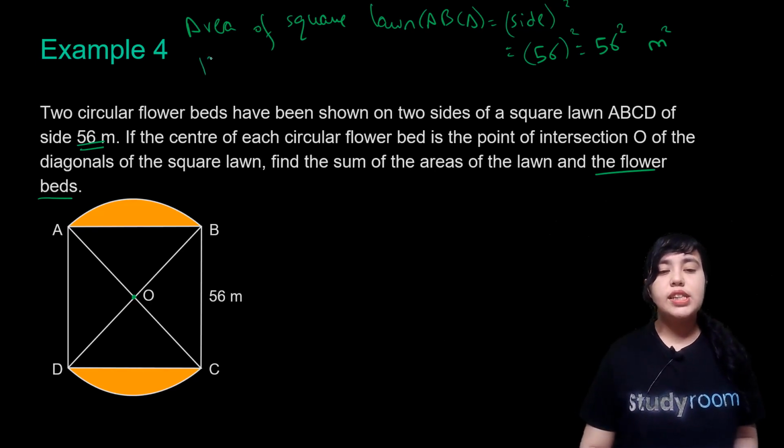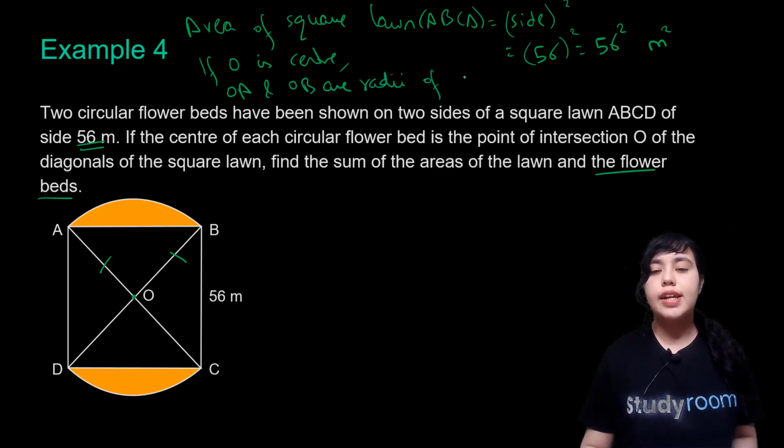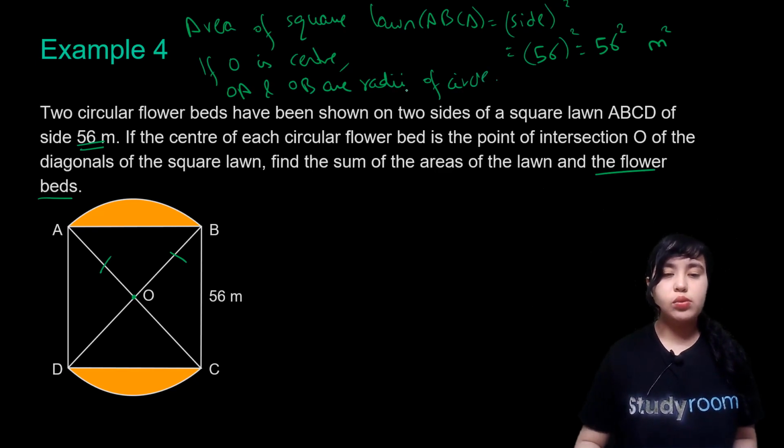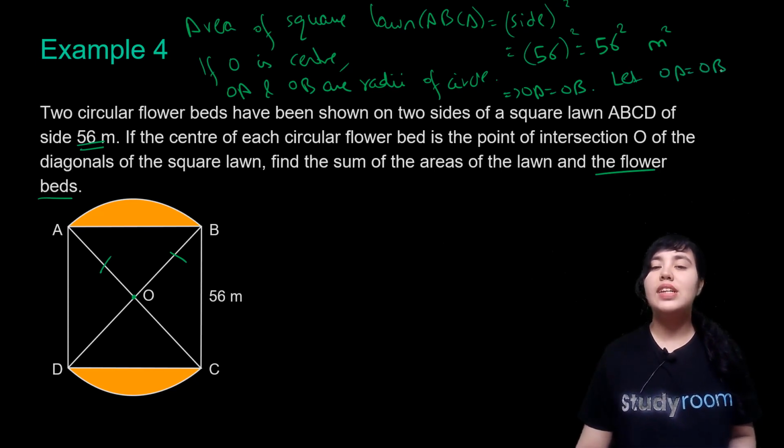So we can say that if O is center, then OA and OB are radii of the circle, and hence OA and OB are equal as well, right? So let the two, OA and OB, which is basically the radius of a circle, be equal to x, the unit being meters, because everything is in meters here.